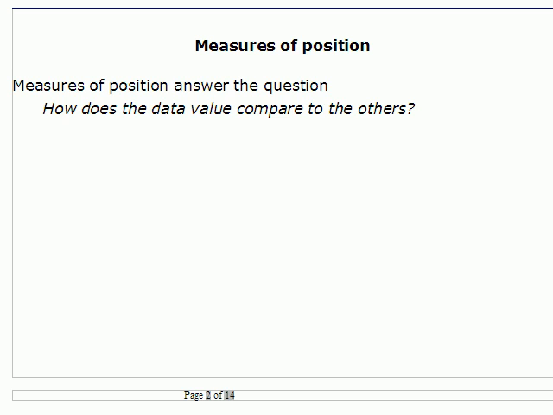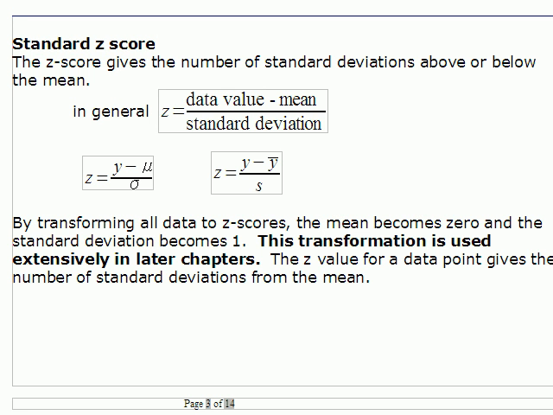Okay, when you get to measures of position, you want to answer the question, how does this data value compare to other data values? Now, the first measure of position I'm going to discuss is the Z-score, which actually seems like it's more related to the mean than to other data values.